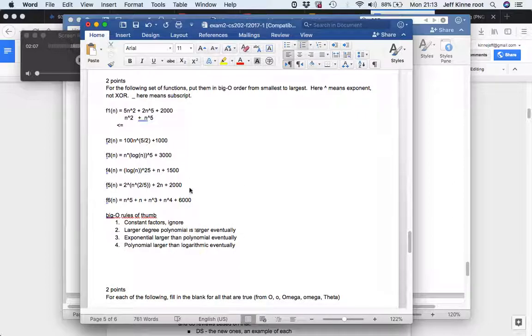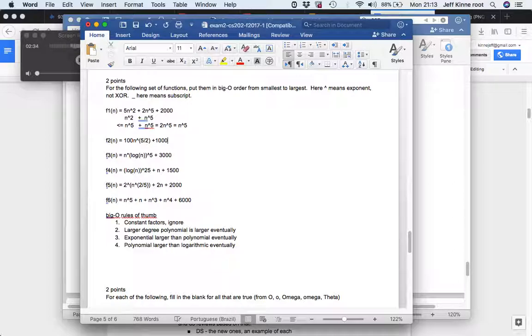Okay, larger degree polynomial is larger eventually. So what that means is this n squared eventually is less than n to the 5th. So then we can put it in like this in terms of Big O. Alright, and then that is 2 times n to the 5th. 2 of them. This constant 2 here does not matter, so that's really like n to the 5th in terms of Big O.